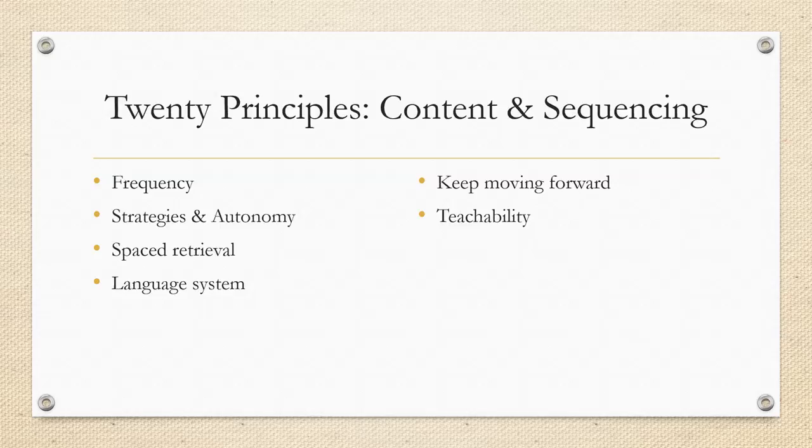Principle 6 is teachability. The teaching of language items should take account of the most favorable sequencing of those items and should take account of when learners are most ready to learn them. So the idea here, and if you're not looking at language acquisition it's still relevant, but it functions a little differently.